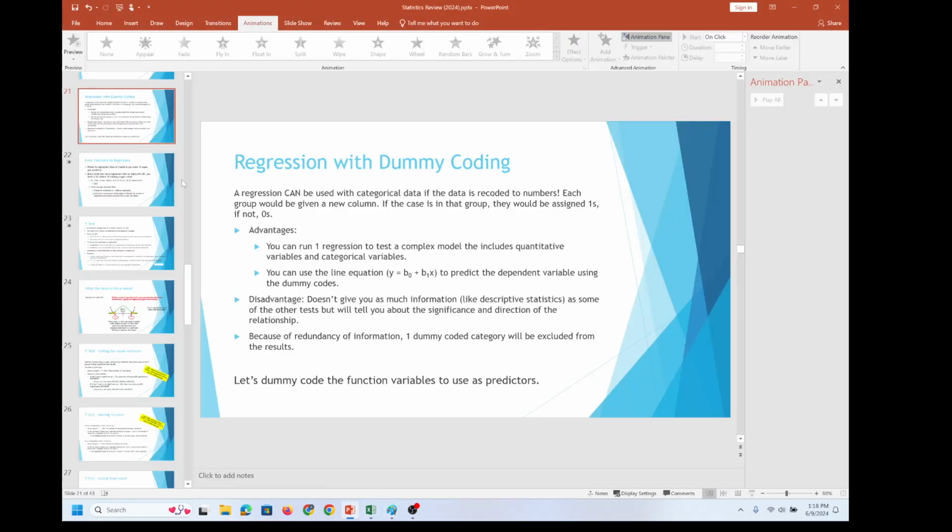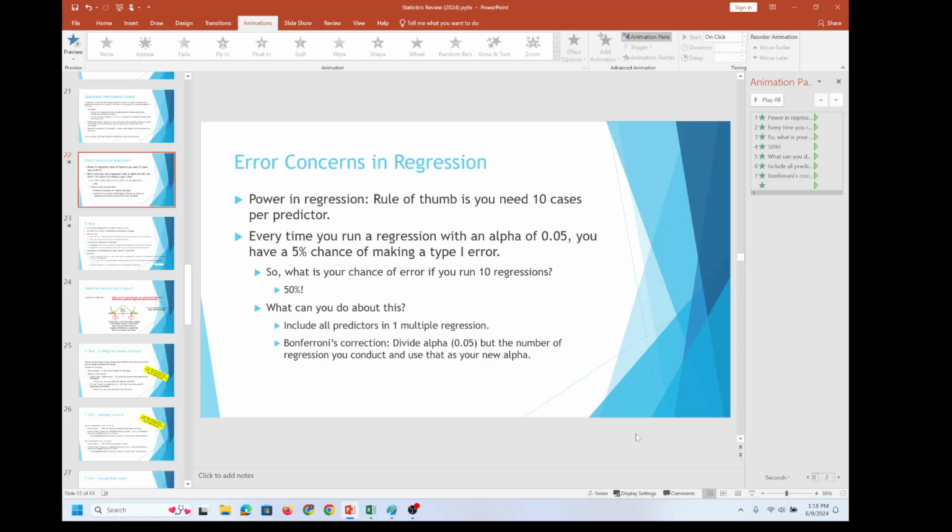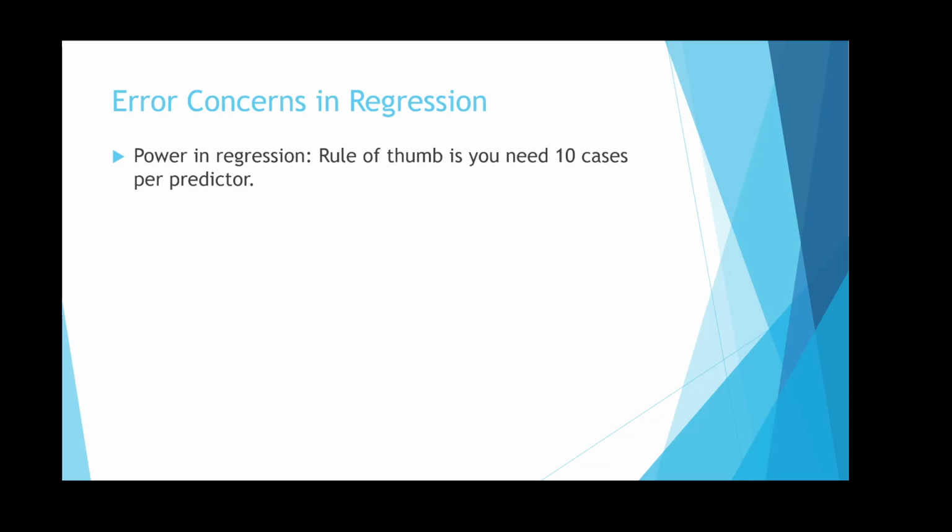The last thing I want to show you for now with regression is talking about error with regression. So there are some things to look out for. First of all, you want to make sure you have a large enough sample size. Back in QBA, I know you learned about the magic number of 30 for sample size. 30 is really small.